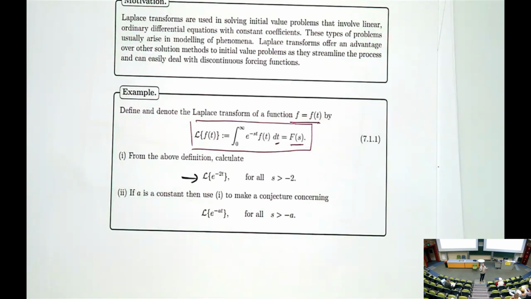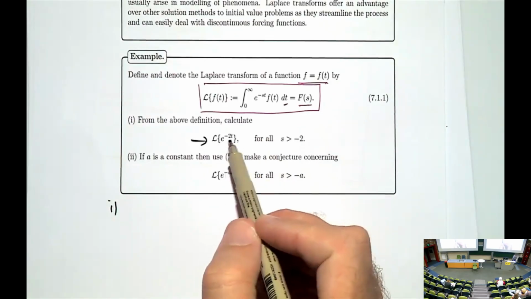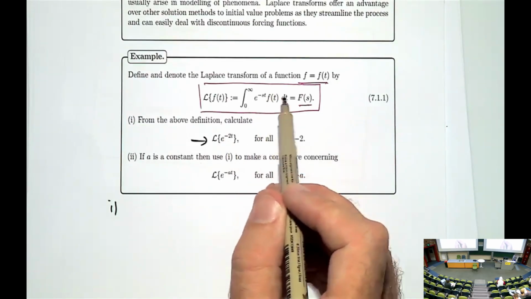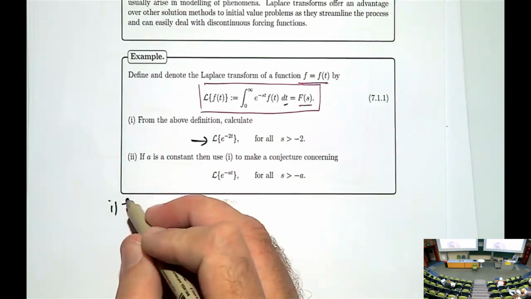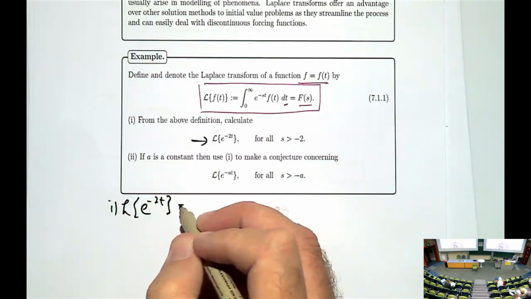Believe it or not, you're not going to actually do many integrations when you do this. I'll show you why in a minute. But let's just do it and see what happens. We take e to the negative 2t, shove it in there, and then we want to integrate it.